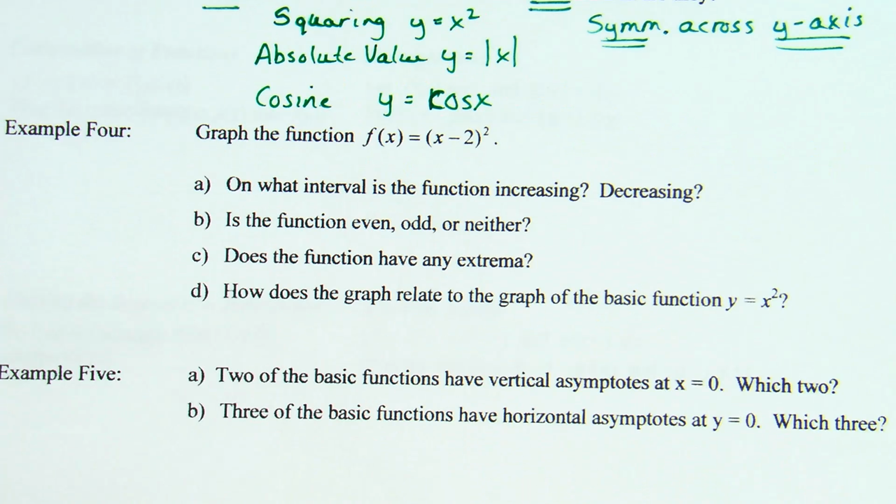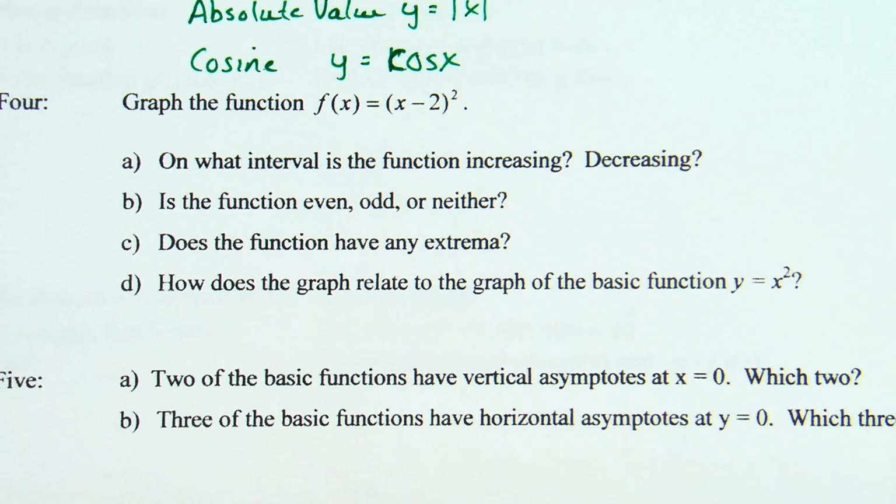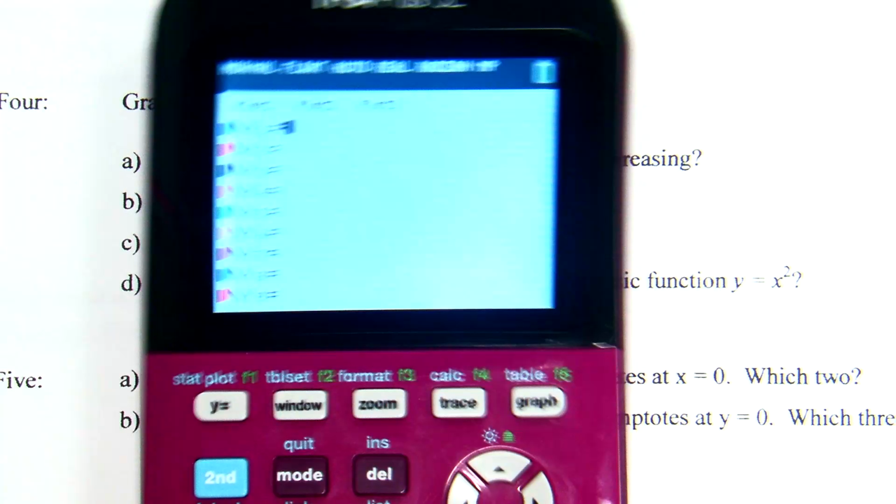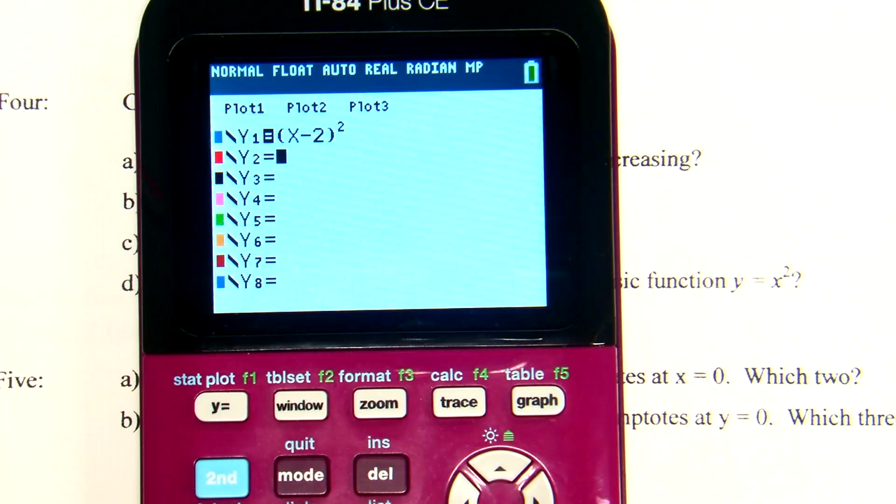Graph the function f of x equals (x minus 2) quantity squared. So grab the calculator to do just that. Parentheses, x minus 2, parentheses, quantity squared. I'm going to do a zoom 6 because I was last zoomed in.